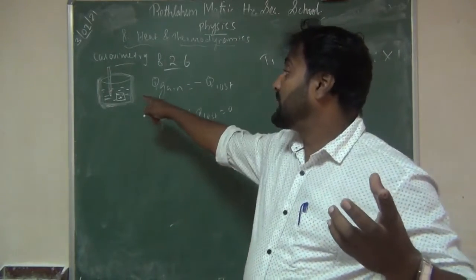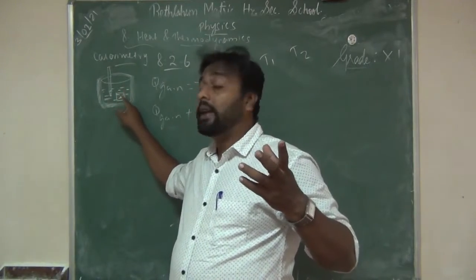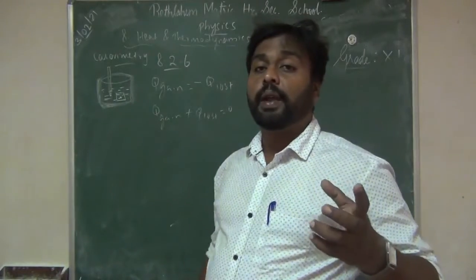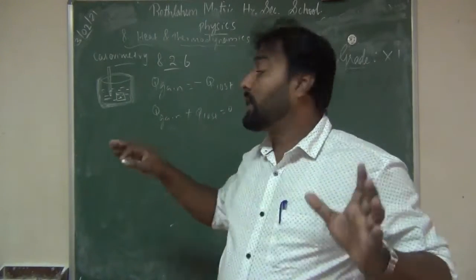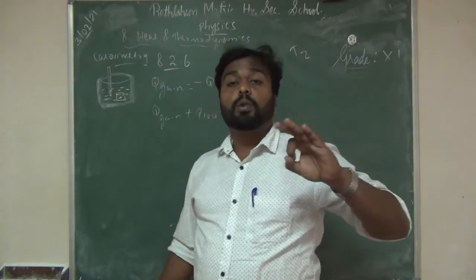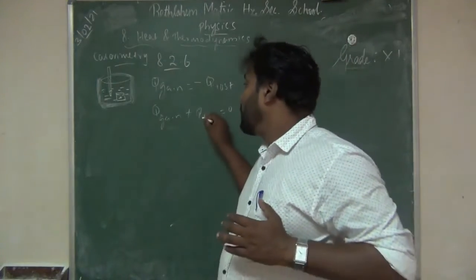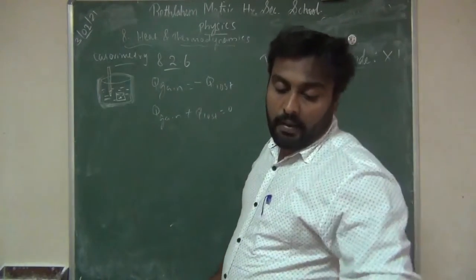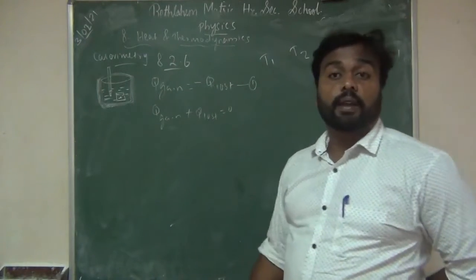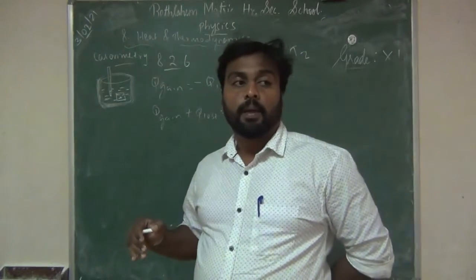After some time, some of the heat is lost from the hot body and spreads to its surroundings, so that the temperature of both the hot body and the cold body becomes the same. So from this we can write the equation Q gain is equal to minus Q lost.